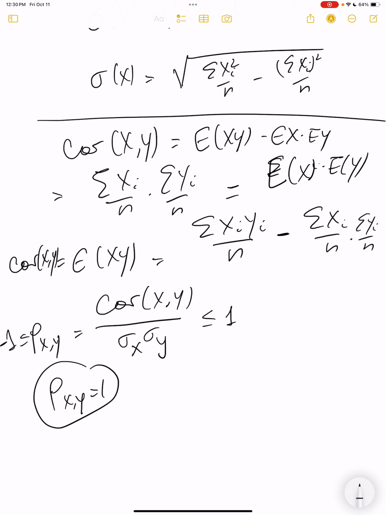They are moving in tandem. So if x moves by 1%, you know that y is going to move by 2% all the time. If rho xy equals minus 1, it means that they are going in the opposite direction, completely in a determined way. In the middle is where you have the randomness involving x and y.